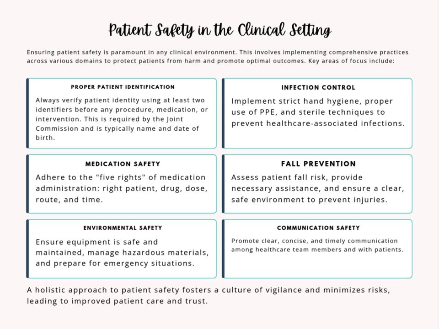You make sure that you stay there, let somebody know, put up signs, clean up the spill, etc. And then, of course, communication safety, making sure that there are no misunderstandings when you're communicating with patients, that they understand, and then they provide feedback so you know that they understand.